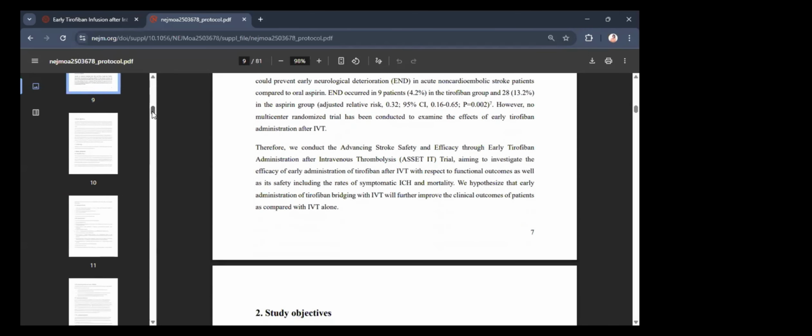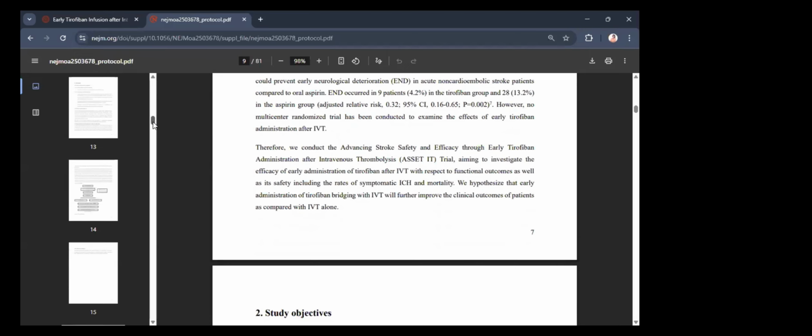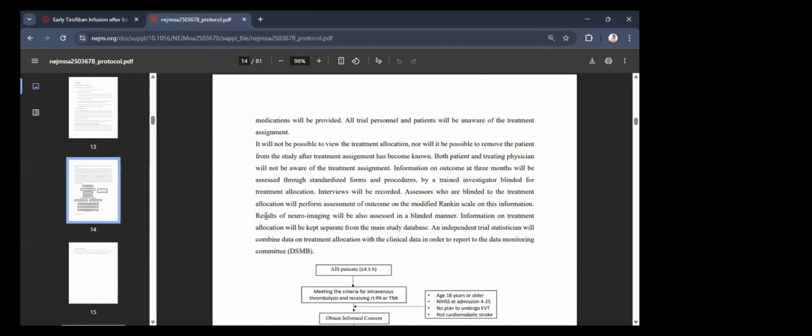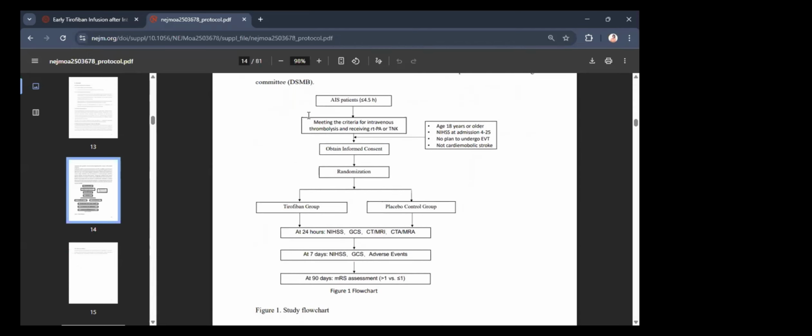And then after giving the background information, they now show us the CONSORT diagram. So acute ischemic stroke patients presenting less than 4.5 hours after onset. They were meeting the criteria that were outlined above.